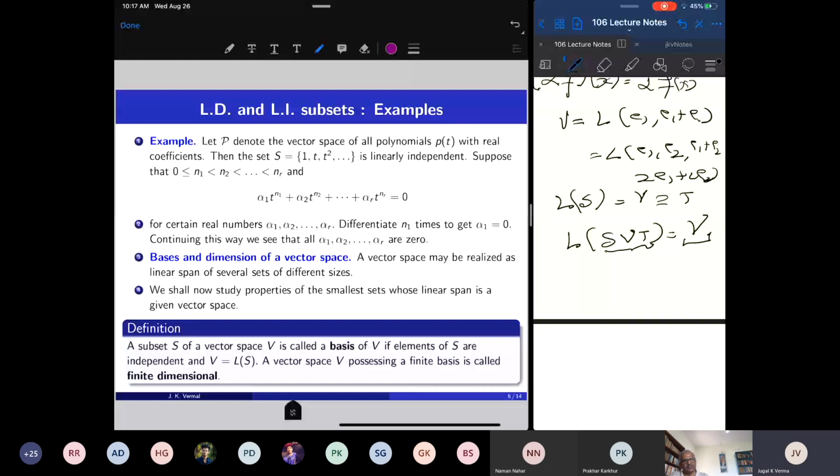So I can't get polynomials of higher degree as linear combinations of polynomials of lower degree. So the vector space of all real polynomials is obviously infinite dimensional.